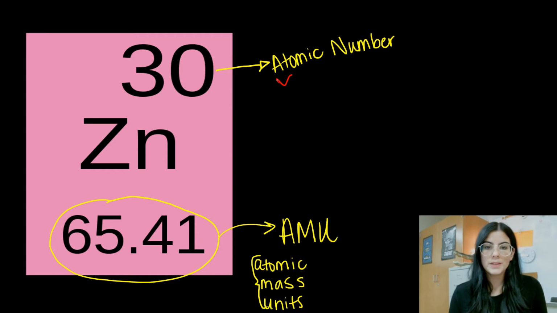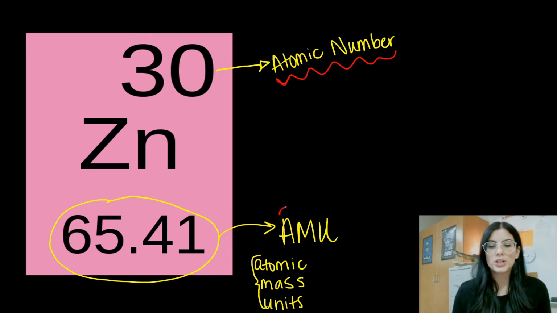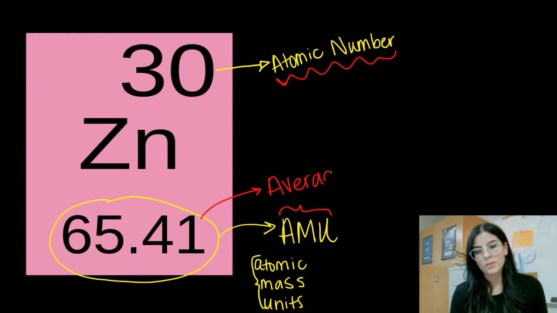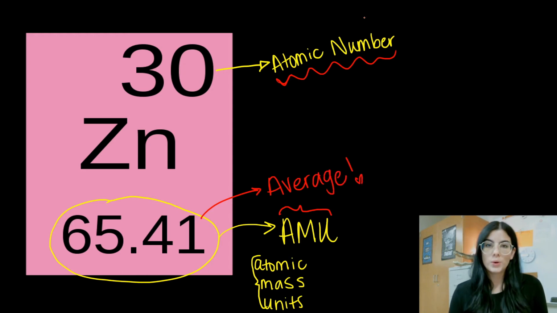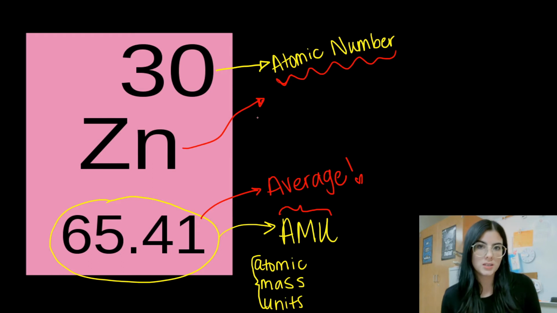It's always going to be named zinc. And the reason why is because of the atomic number. Atomic number tells you what the element is. So, recap. We measure atomic mass in AMU, atomic mass units, and it is an average of all the isotopes. And it's going to have the same atomic number, meaning the element does not change, just the mass.